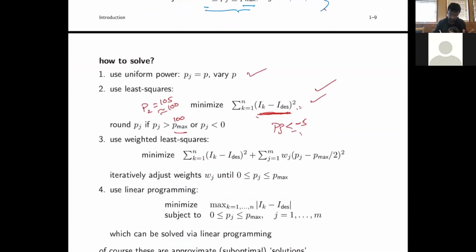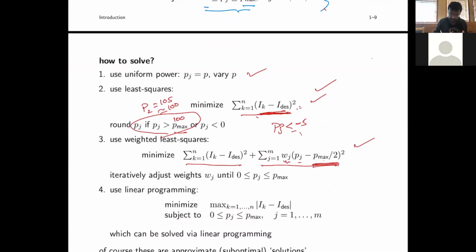Now the other thing: you do the same thing, but to take care of this rounding, I will add one more term in the objective function, which is a weighted average of this Pj, and I will say Pmax by 2.